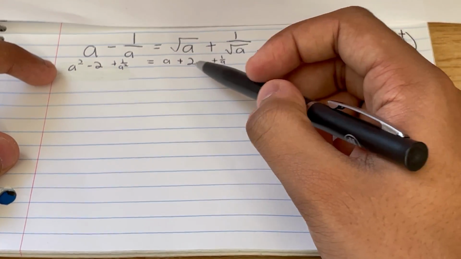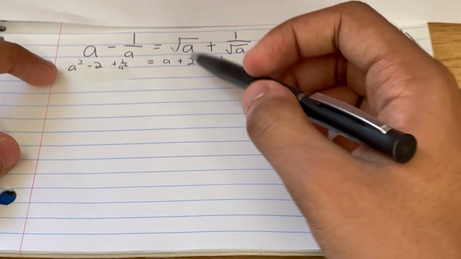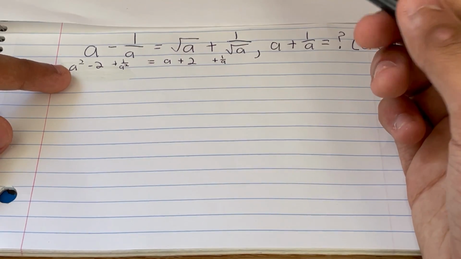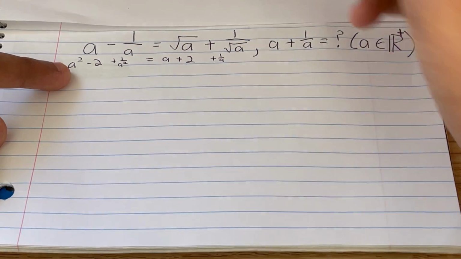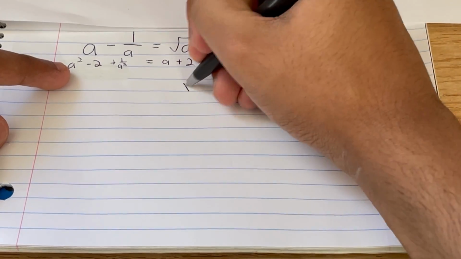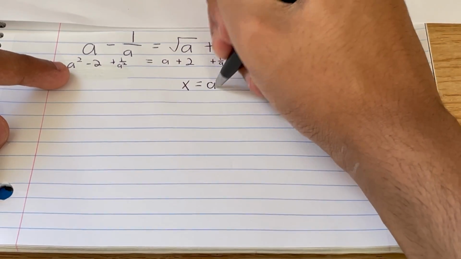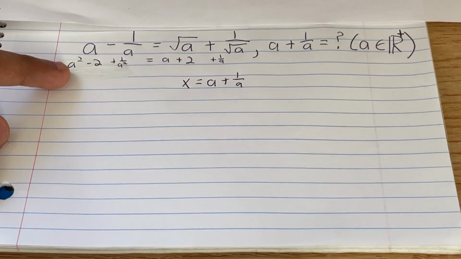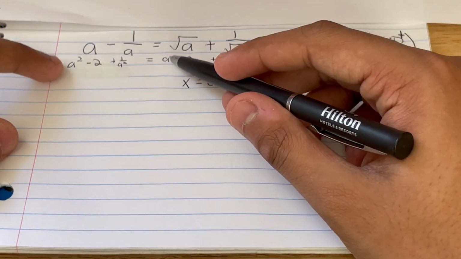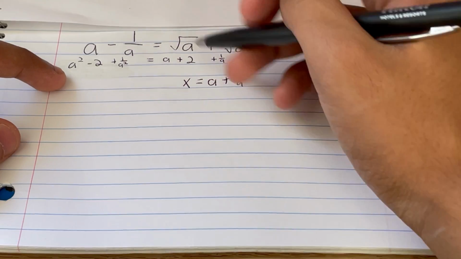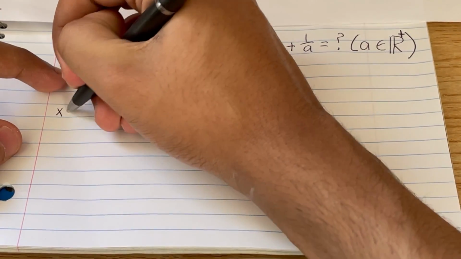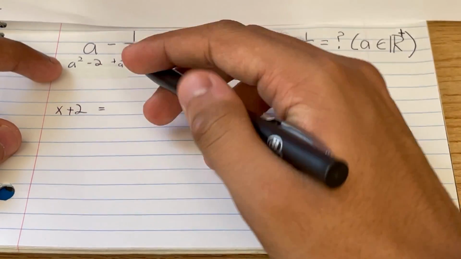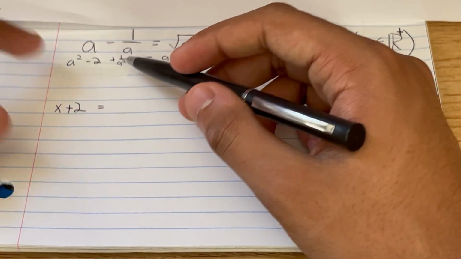Now, the problem is that we have a plus 1 over a, but we still have this a squared and 1 over a squared term over here. So what we can do now is introduce another variable. Let's introduce another variable x and have x equal to a plus 1 over a. So what that does is, well, first we have x plus 2 on this side, and that's equal to a squared plus 1 over a squared.